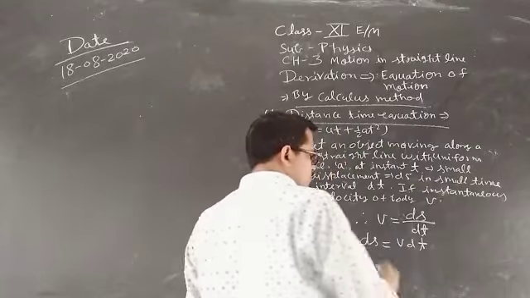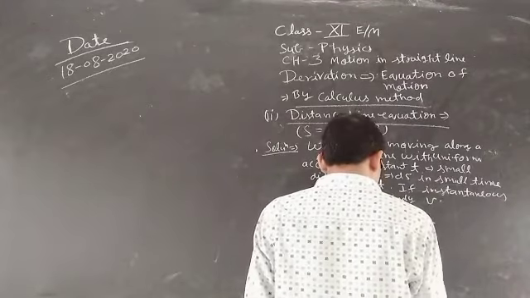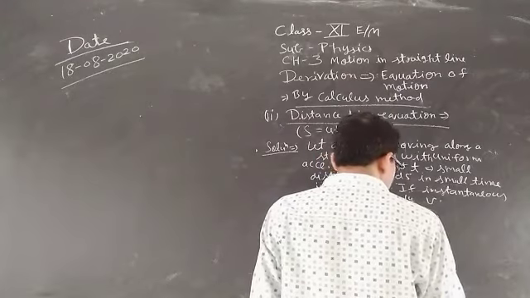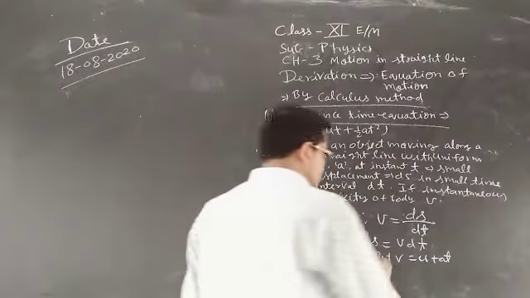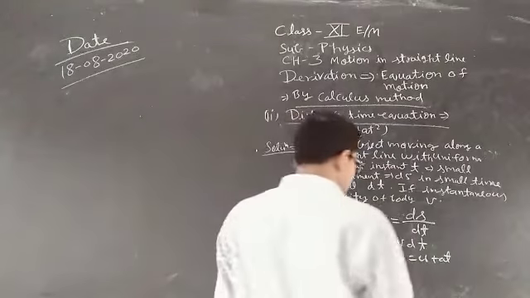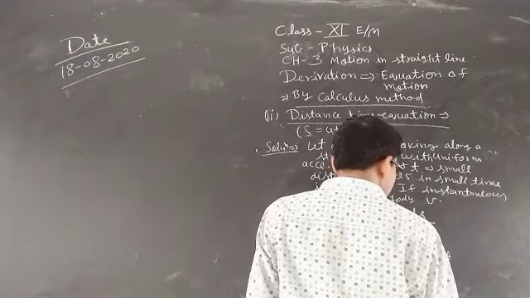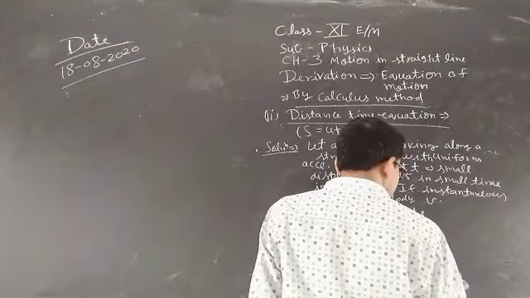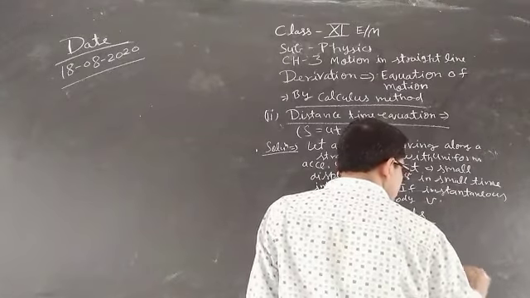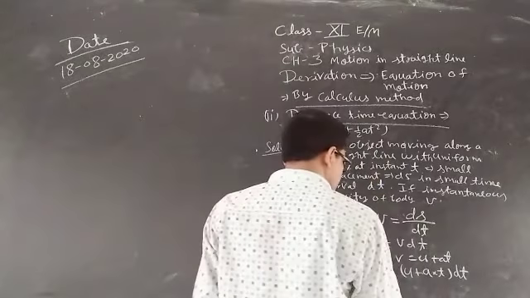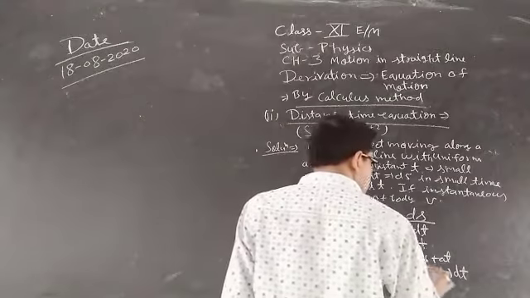Now put in the first equation of motion, v is equal to u plus at. We will put this value, so ds is equal to (u plus at) dt. This is ds.